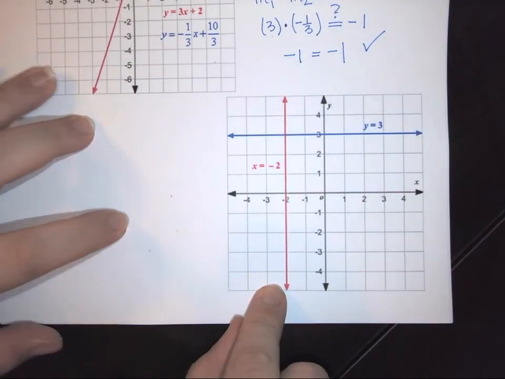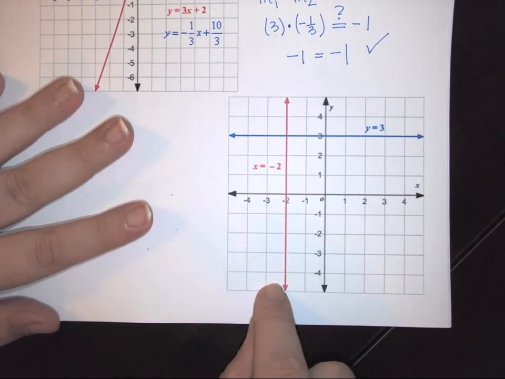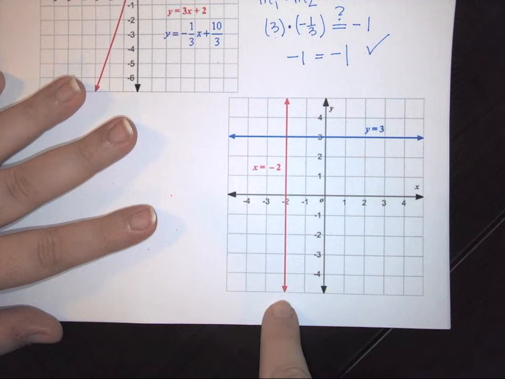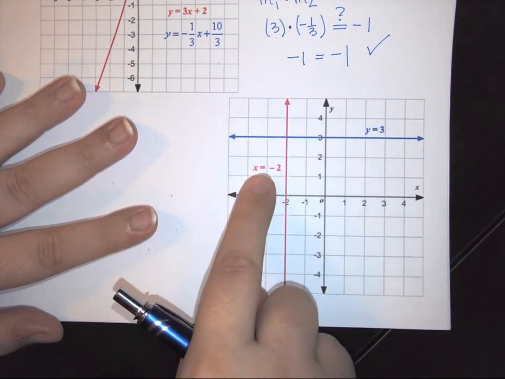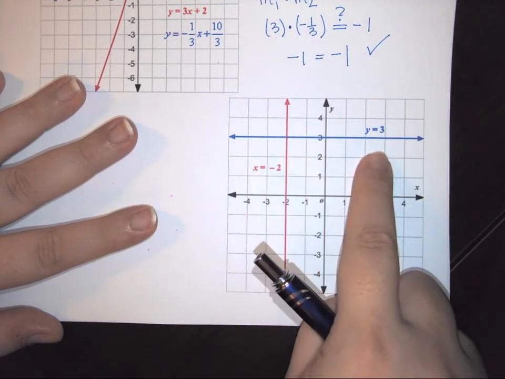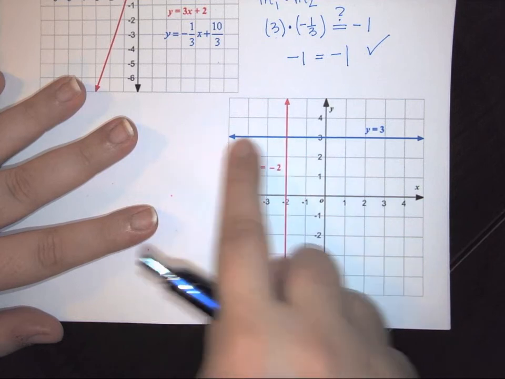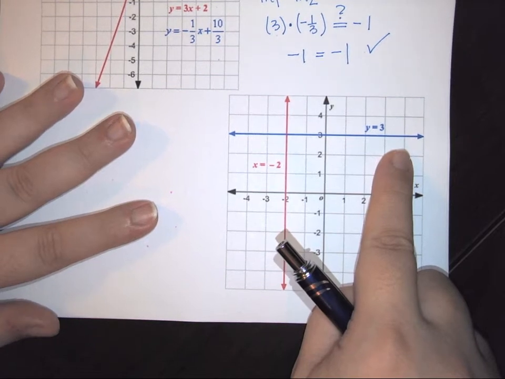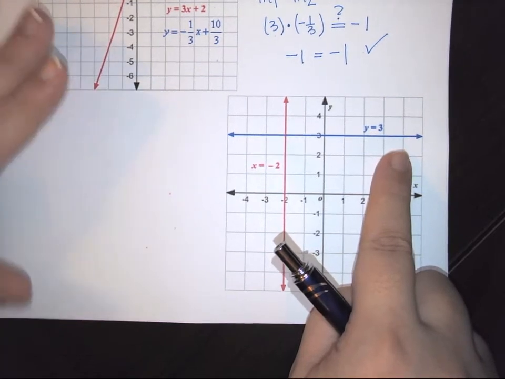Now, one cool thing just to keep in the back of your head is that if you have a vertical line, so an x equals equation, and a y equals equation, so a vertical line and a horizontal line, that means perpendicular, always and forever. It's just fact. Okay?